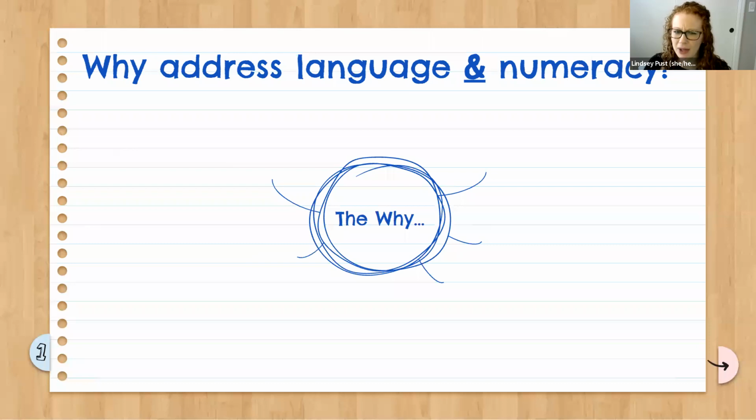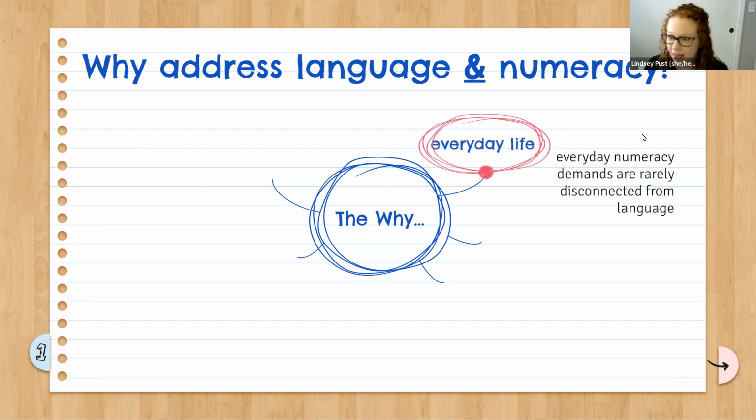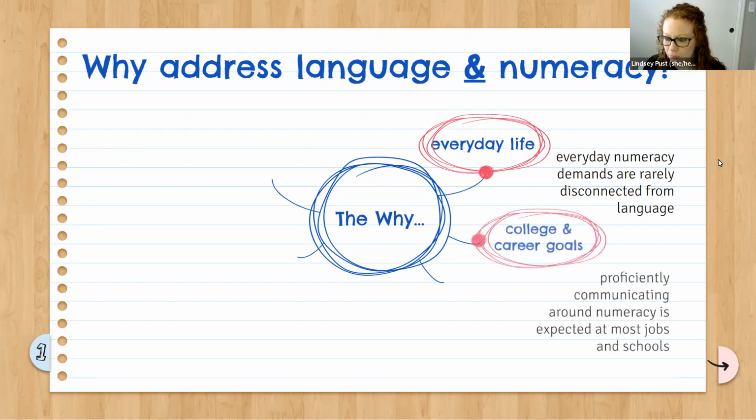So how can I encounter numbers and make sense of them as they come up in my life? That's one of the first reasons, right? Everyday numeracy demands are rarely disconnected from language. So talking about that numeracy, that everybody needs it, but then addressing language alongside of it is incredibly important.